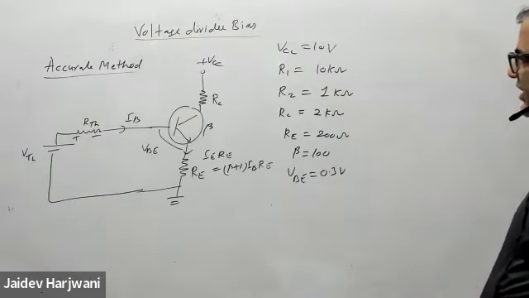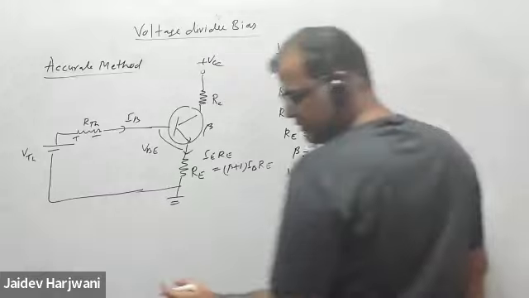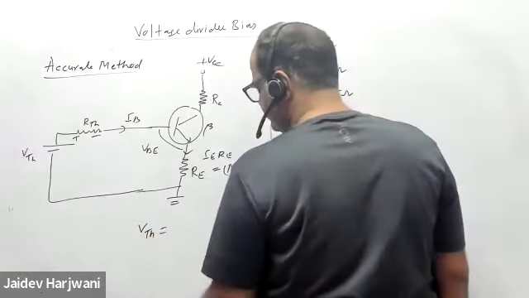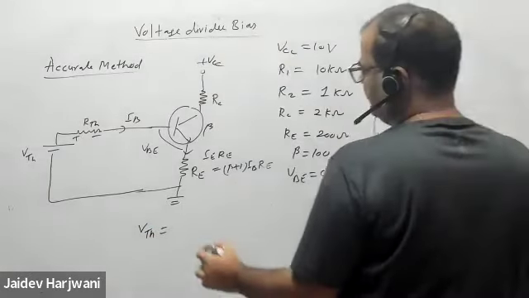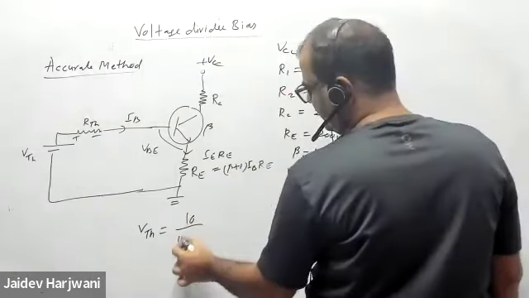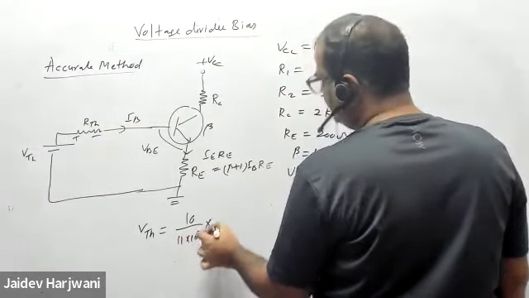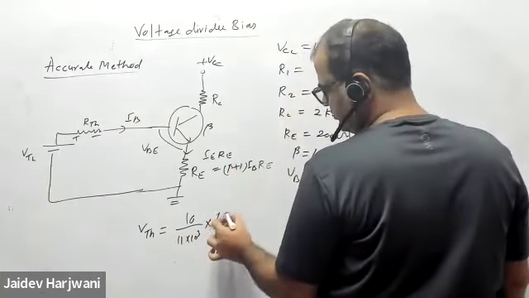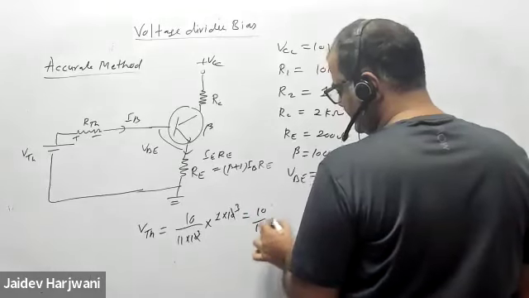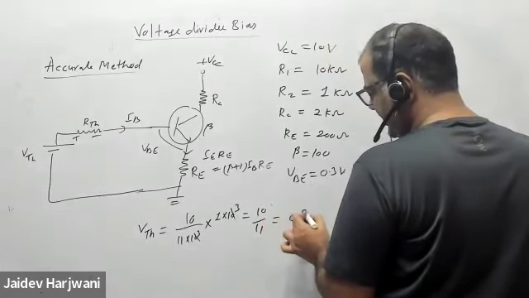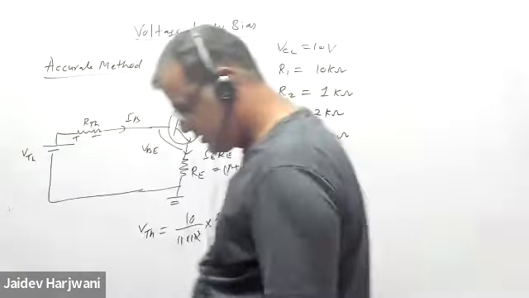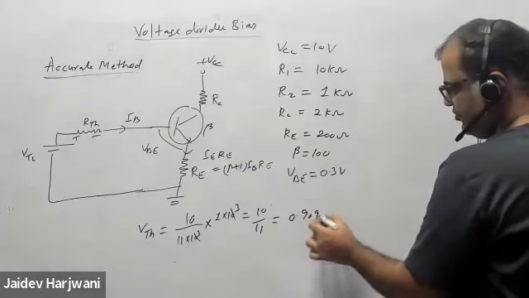The first thing is you have to find the V Thevenin. So V Thevenin will be equal to VCC 10 volt upon R1 plus R2, that is 11 kilo ohm, into R2 is 1 kilo ohm, kilo ohm cancels out. 10 upon 11, that is 0.909 volt.